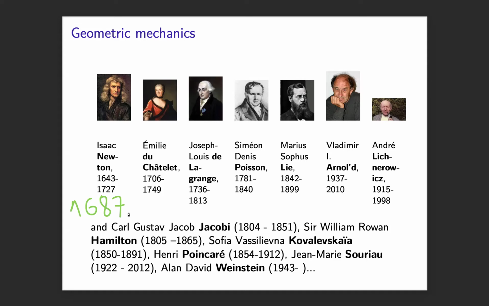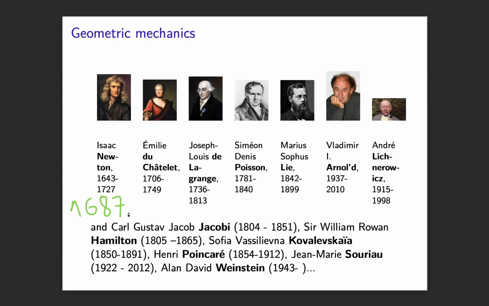And after him, many researchers in mechanics, physicists, mathematicians, and geometers used this second law to model the universe through dynamical systems and deduce some invariant theory of such dynamical systems.